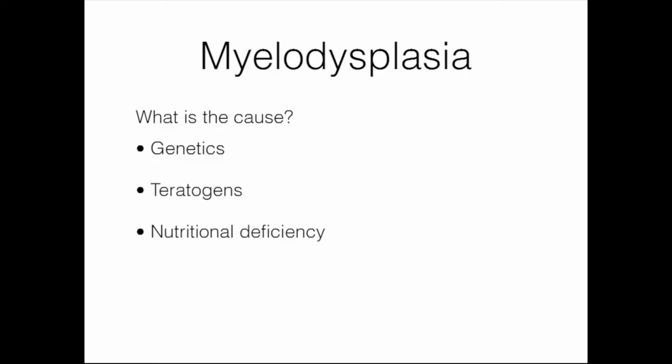And finally, what probably gets the most attention is the association with nutritional deficiencies, and specifically inadequate levels of folic acid. And so this is why in all women of childbearing age, it's recommended that they take some sort of a vitamin with folic acid. And so many foods now are enriched with folic acid because, unfortunately, these neural tube defects actually occur usually before the mother even knows she's pregnant.